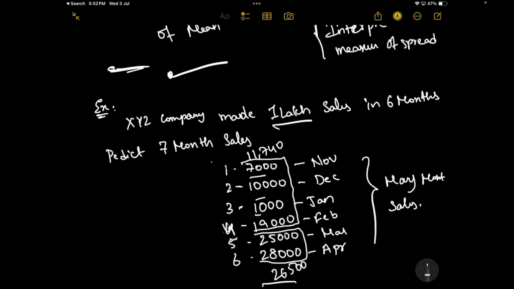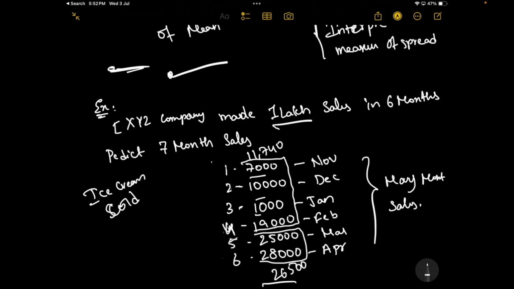For example, take XYZ company. This is an ice cream company, a shop which has ice creams, cool drinks, and fruit juices.